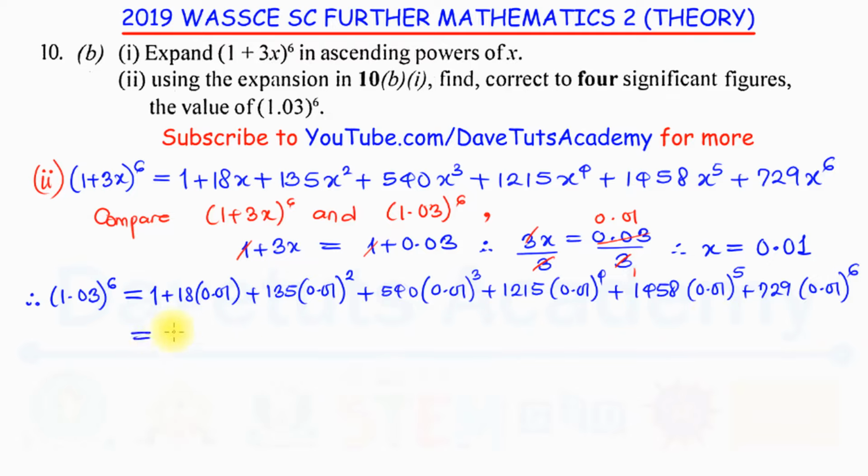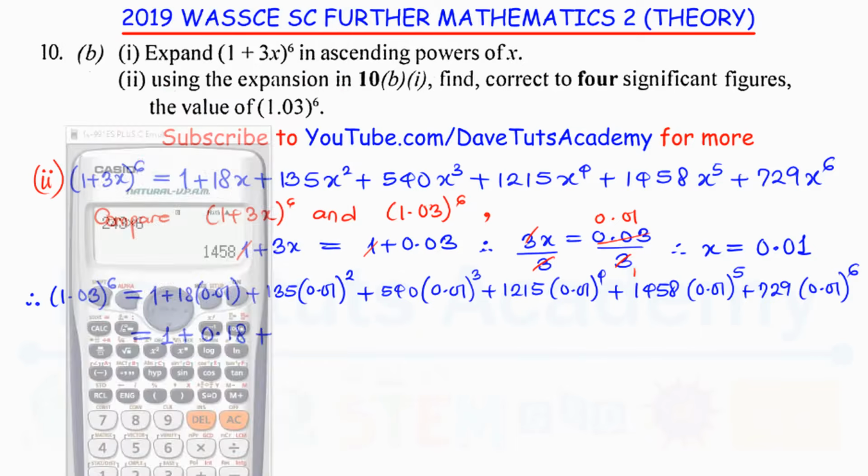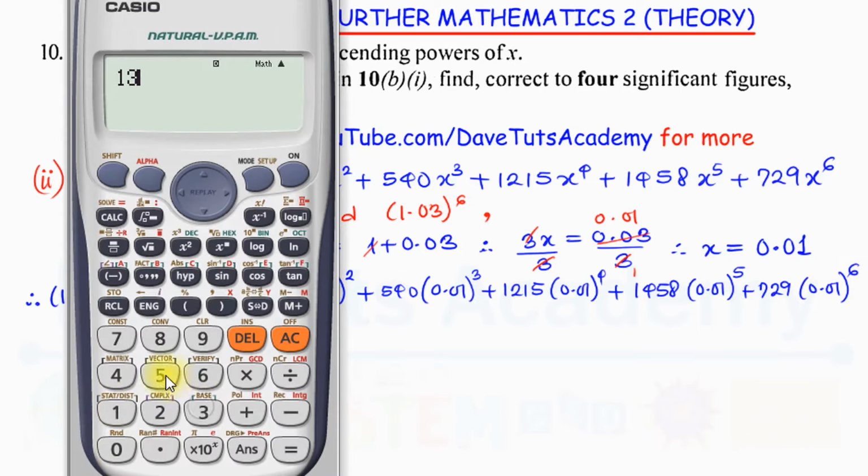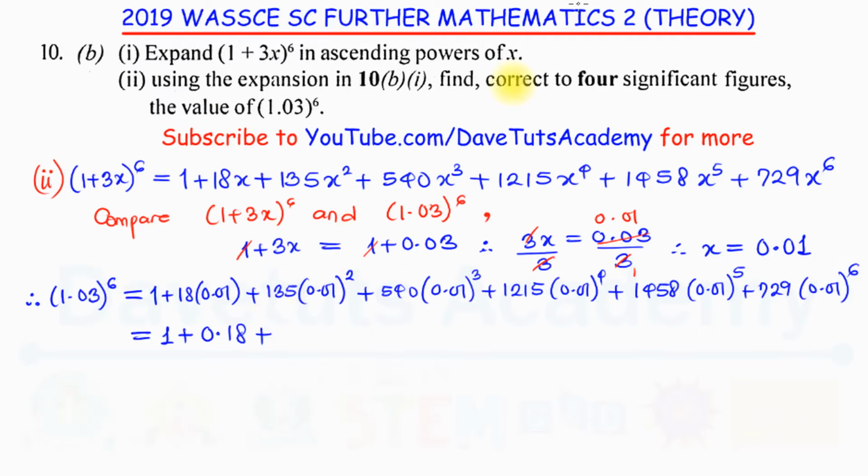In the first entry we have 1. In the second entry, 18 times 0.01, we put the decimal places in front of 18 itself, so we have plus 0.18. Students, just be careful when you are trying to solve this out. Here we have 135 times 0.01 raised to the power 2, that is equal to 0.0135.